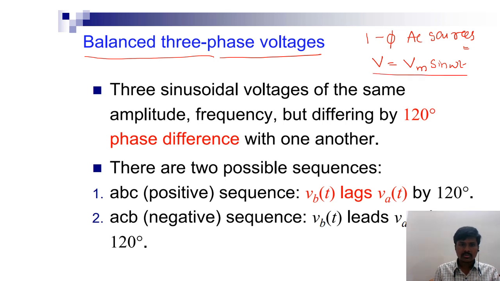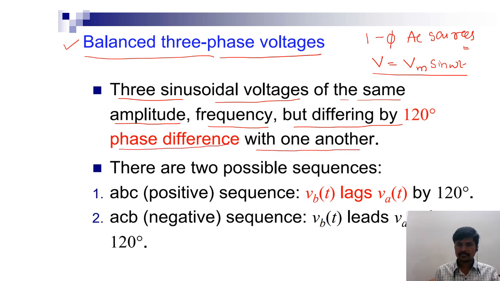Now coming to three phase balanced voltage, that is three sinusoidal voltages of the same magnitude or amplitude and frequency, but differing by 120 degrees phase difference with one another.